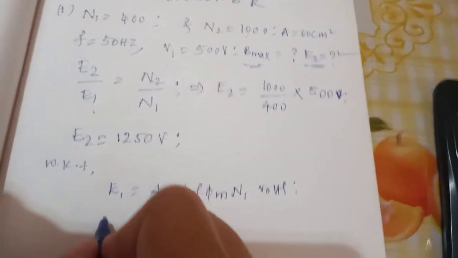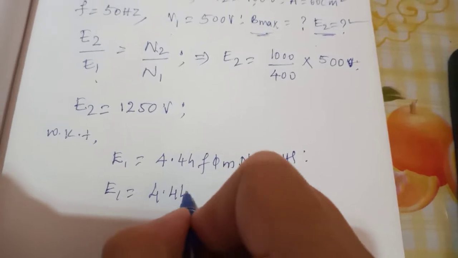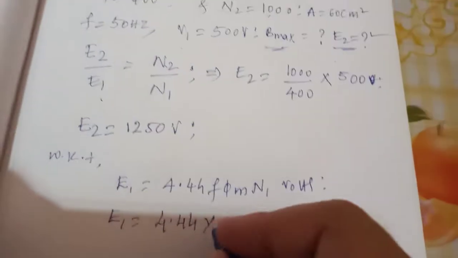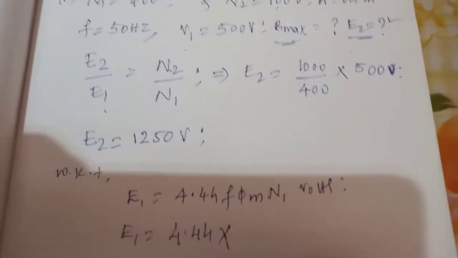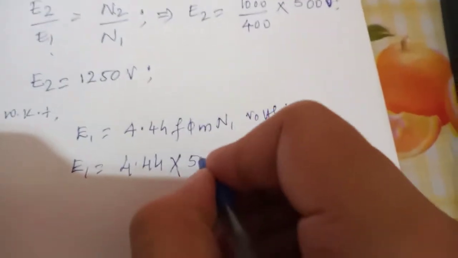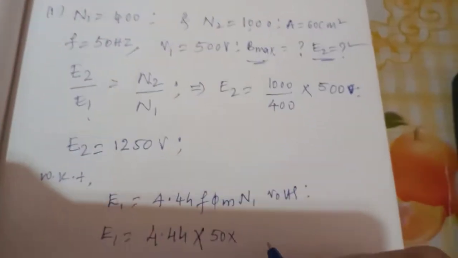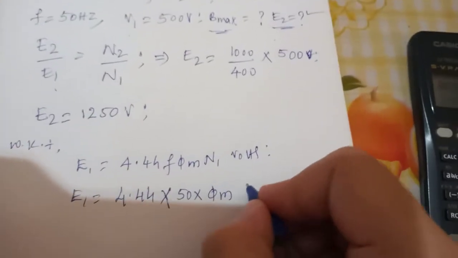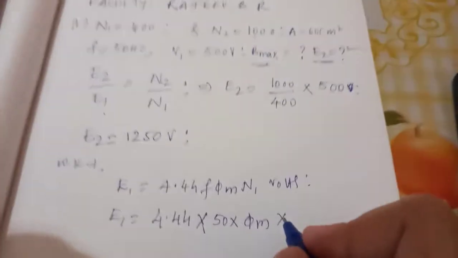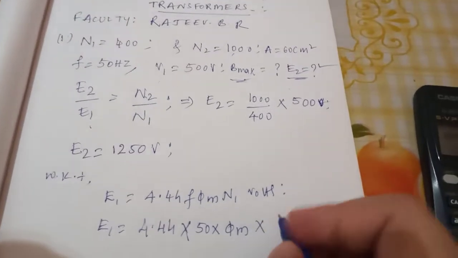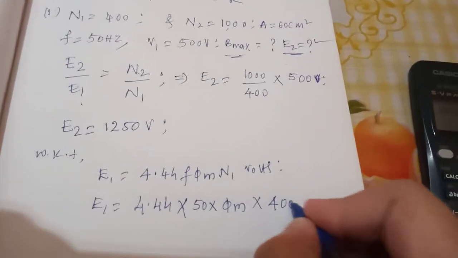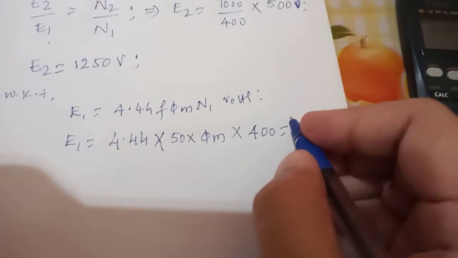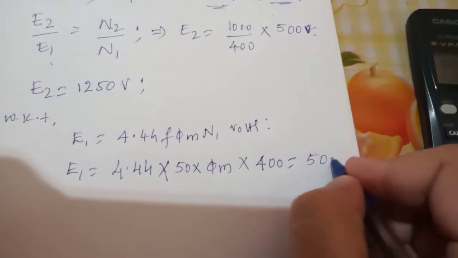Now E1 is equal to 4.44 into F, F is 50 hertz, into phi m, which you have to calculate, into N1, N1 is 400. E1 is V1, which is 500.